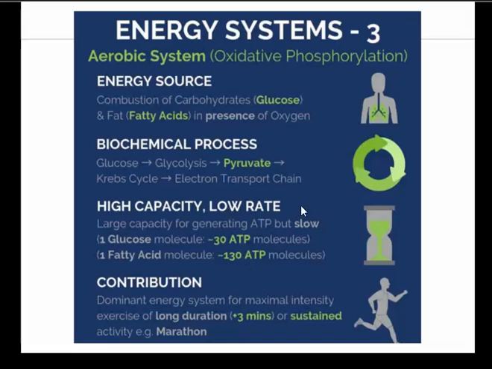High capacity, low rate of ATP. So we produce a large amount of it, but very slowly. We'll learn this later. And then contribution: dominant energy system for maximal intensity exercise of a long duration, so plus 3 minutes, or sustained lower intensity exercise like a marathon.